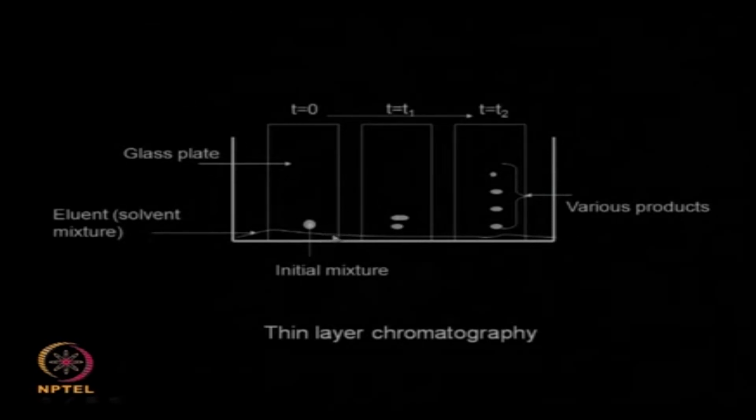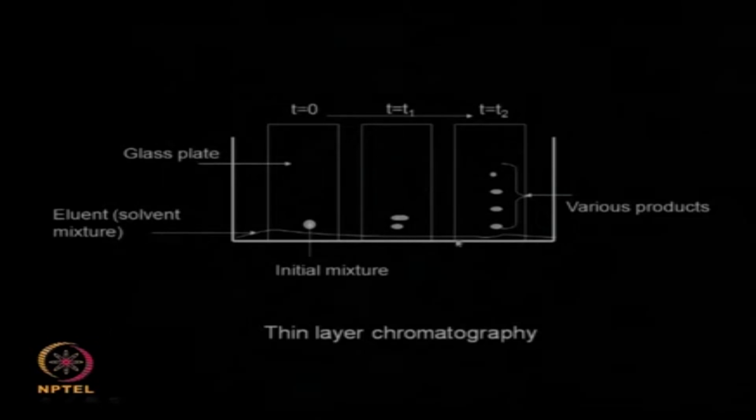So as the solvent travels upwards, it carries some of the components, so over a period of time the various products are separated out. So initially you make a spot of your initial mixture and you dip it in the solvent, as the solvent rises because of capillary action it separates the various components of your product and you will end up having several spots. So you could say each one of them is a product.